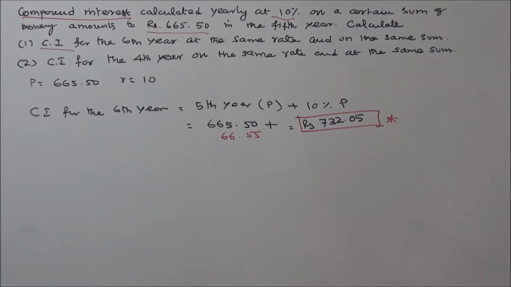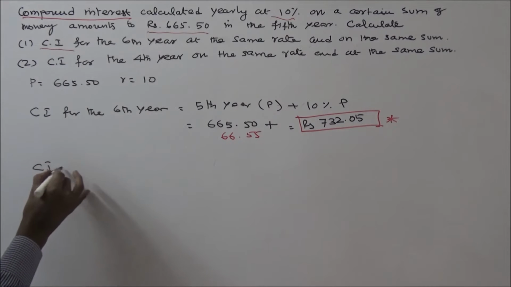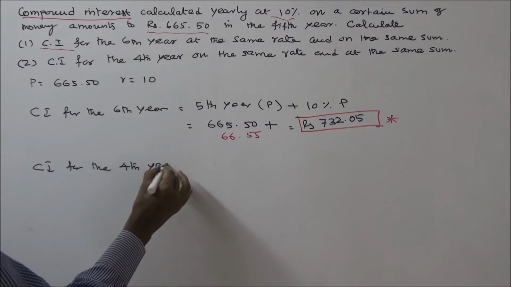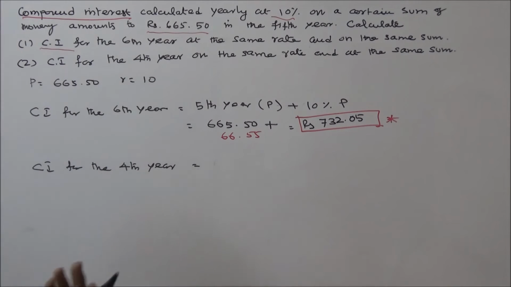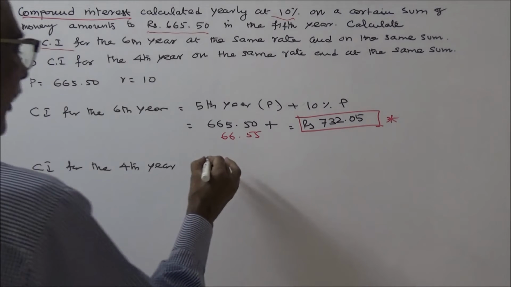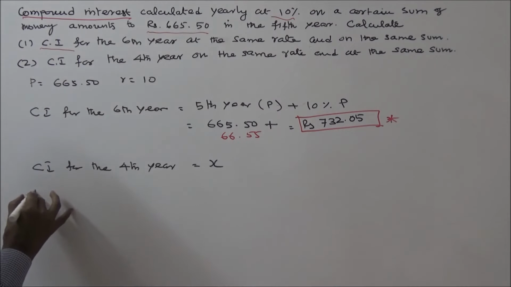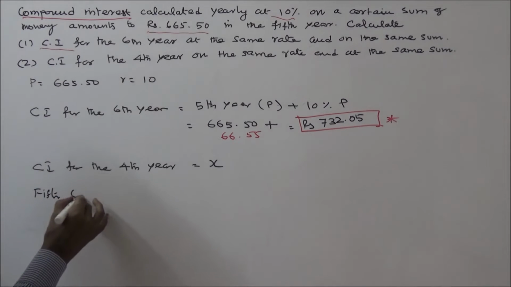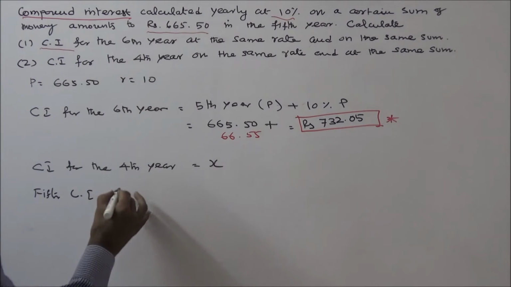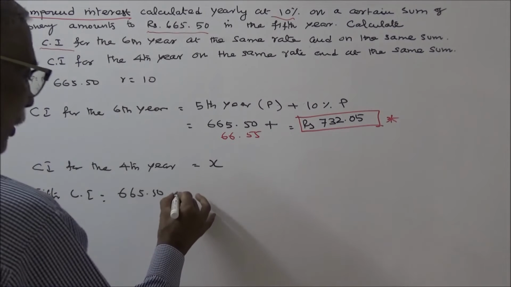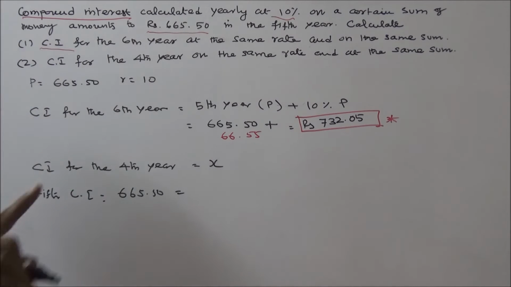We don't know the value of the 4th year compound interest, so we take it as x. The 5th year compound interest is given as 665.50.